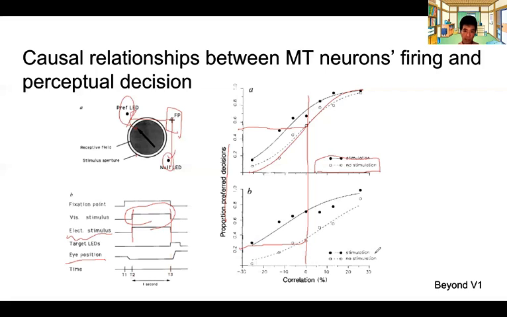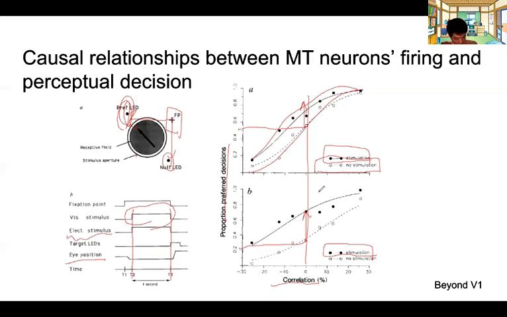But the important thing is that when they deliver the electrical stimulation, microstimulation, the monkey's report, conscious report, became more biased towards the preferred direction. So the stimulation increased the proportion of the report by roughly 10% to 20%.